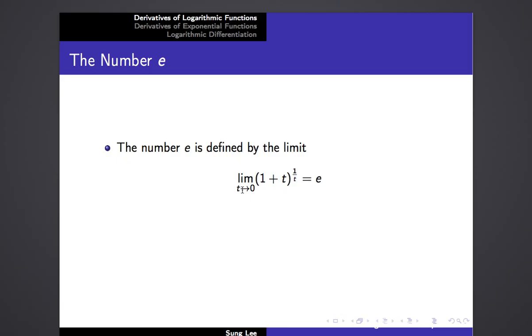This is not the only way we can define the number e, but one way we can define it is as the limit of this function here, (1 plus t) to the power 1 over t, when t goes to 0. This limit does exist, and that value, the limit, is going to be denoted by the number e.